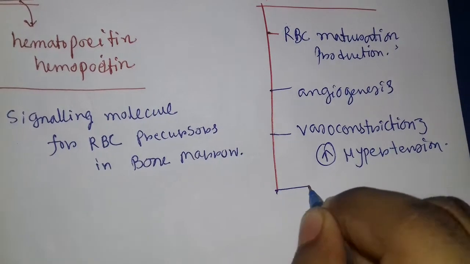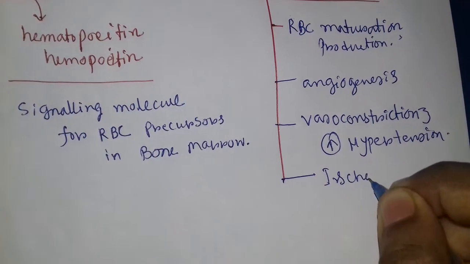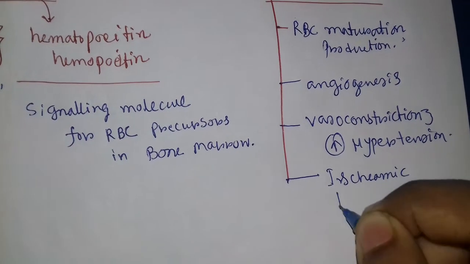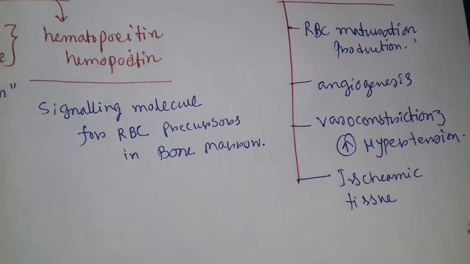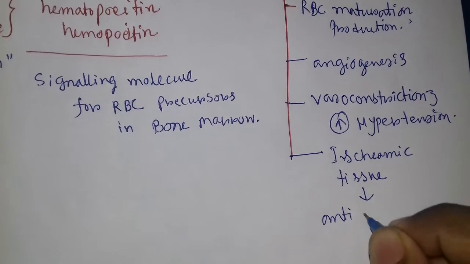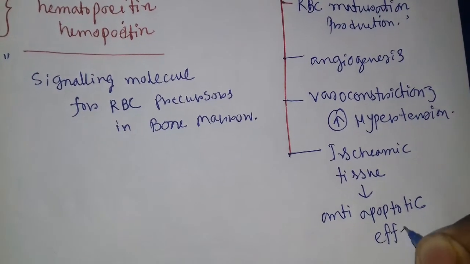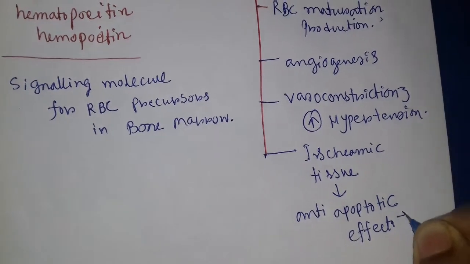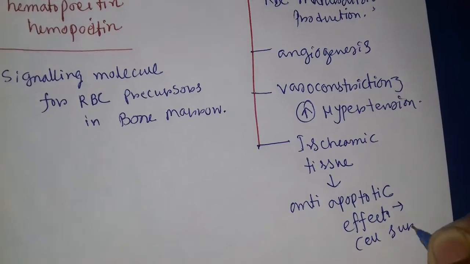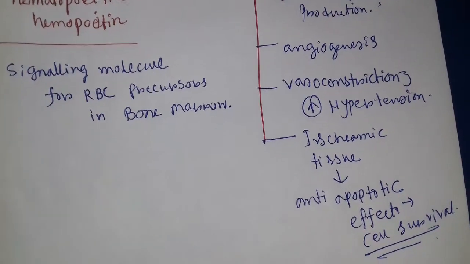Another thing can be seen in ischemic tissues, that is where there is less blood perfusion. It has an anti-apoptotic effect and causes cell survival. These are the basic functions of erythropoietin.